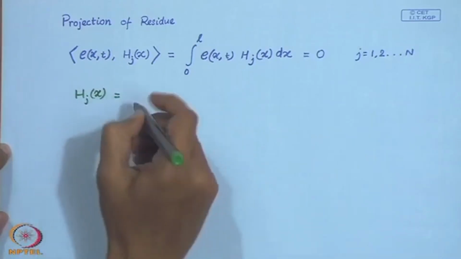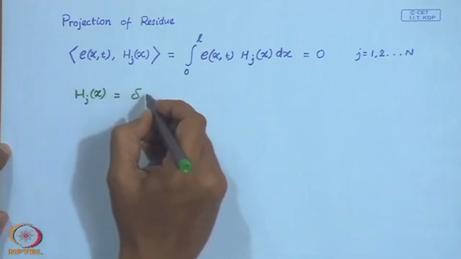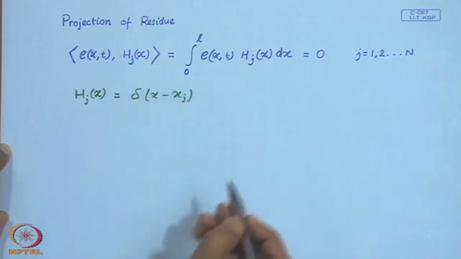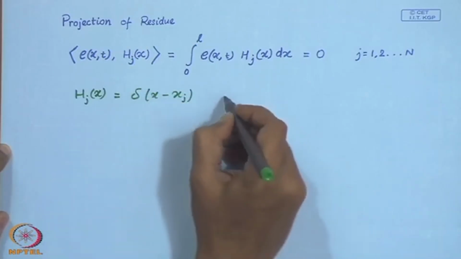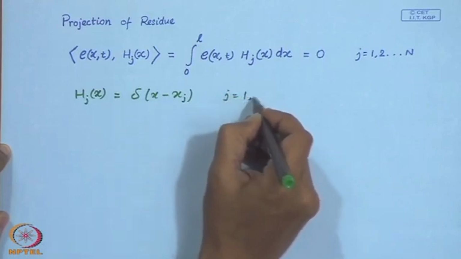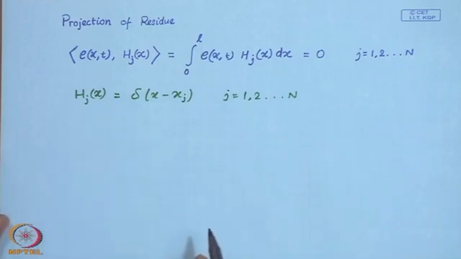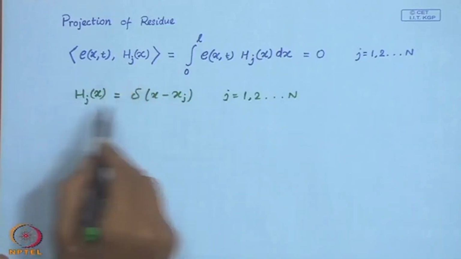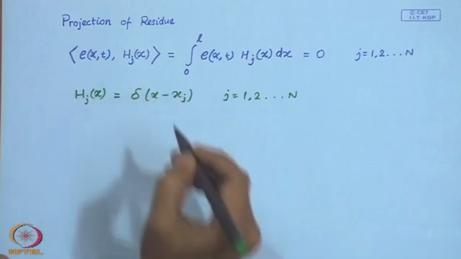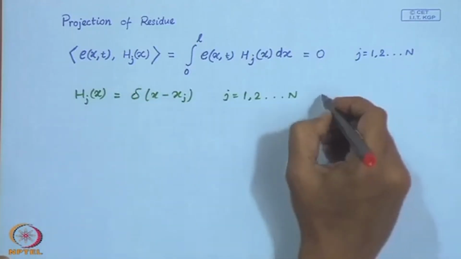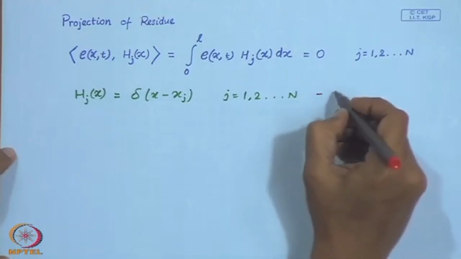The simplest choice is this Dirac delta function. Once we choose these functions as these Dirac delta functions, this method is known as the collocation method.